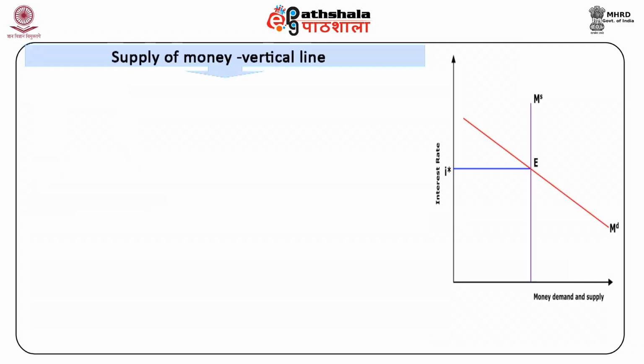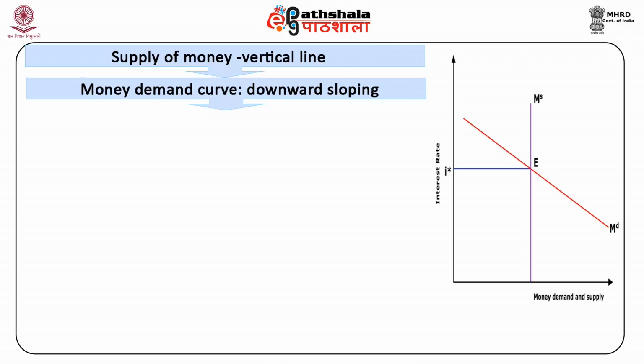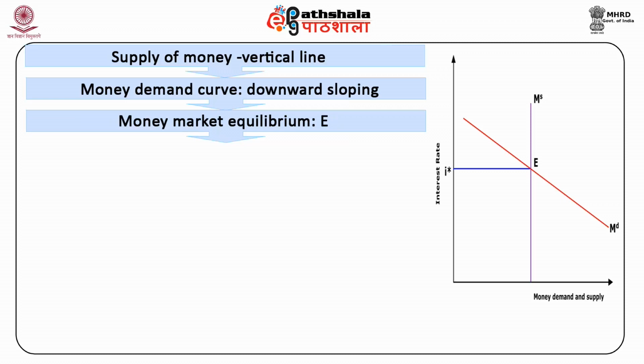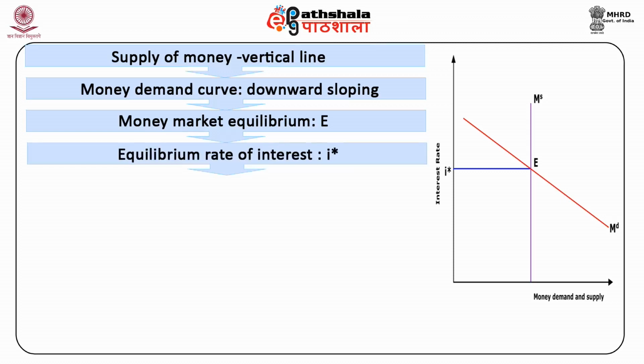Hence, the supply of money is a vertical line in the figure below, figure 1. The money demand curve is downward sloping as it is negatively related with interest rate. The equilibrium in the money market is at E, and the equilibrium rate of interest is i star.